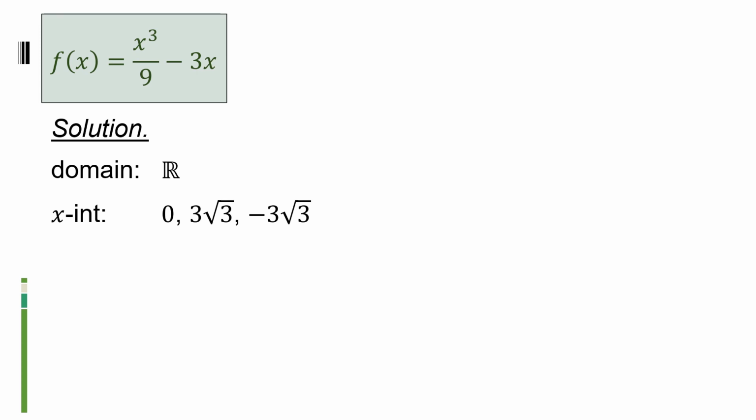So paano natin yun hinanap? By setting f of x to be equal to 0. So, magiging 0 equals x cubed over 9 minus 3x. Or that is 0 equals, nag-multiply tayo ng 9 sa lahat. Then we have x cubed minus 27x.